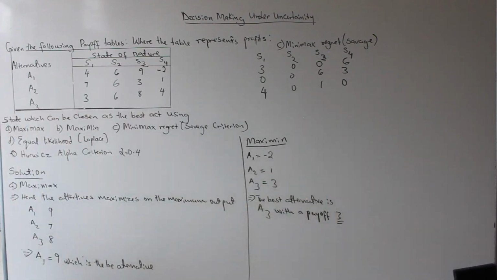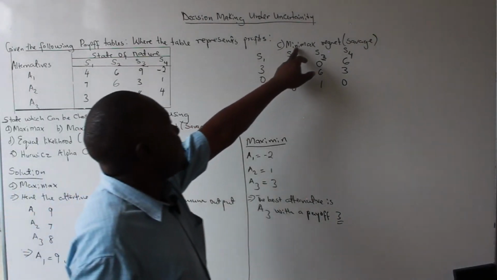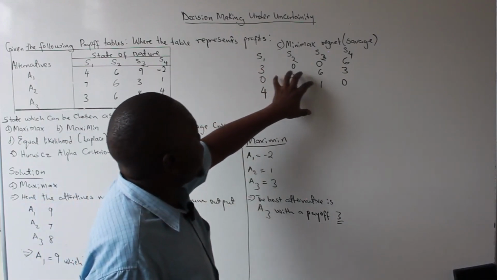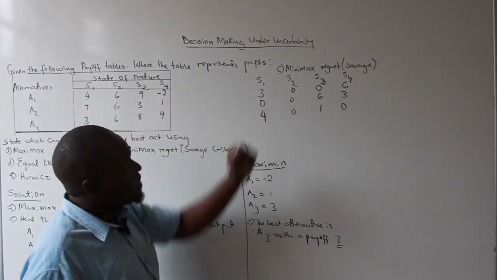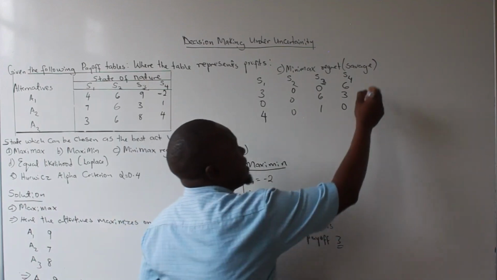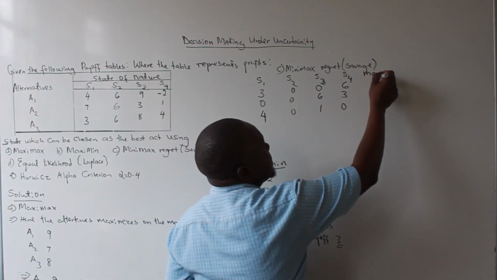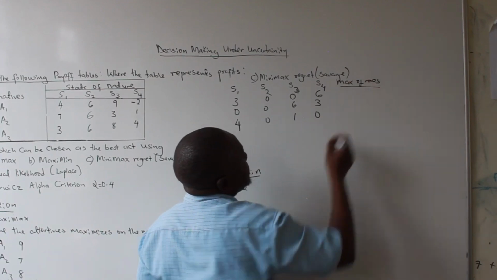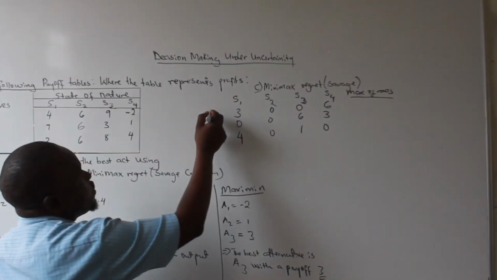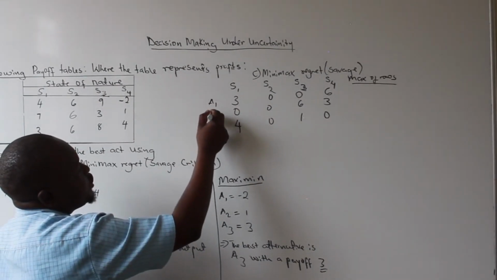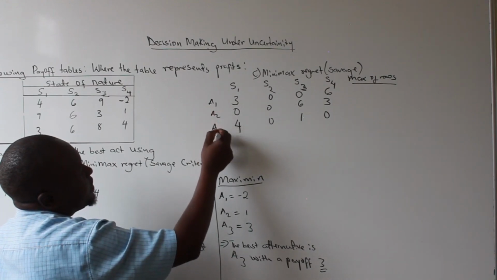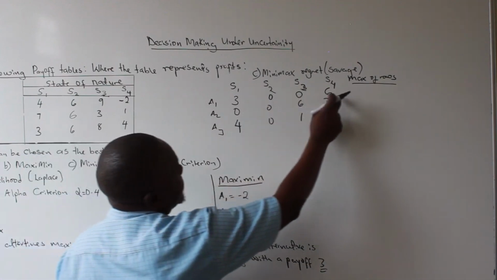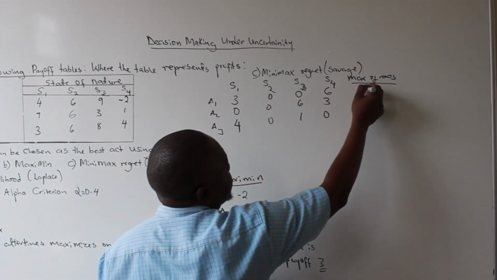Now, what are you looking for? We are looking for the minimax. Now you look at each and every row for the maximum. So the maximum of each row: under A1, the maximum there is 6.